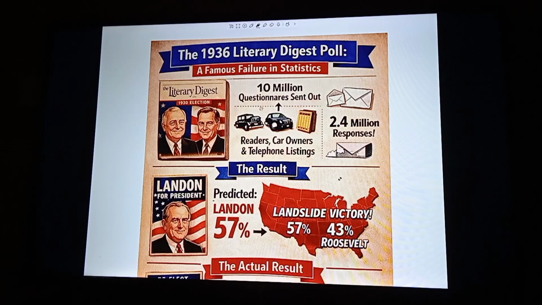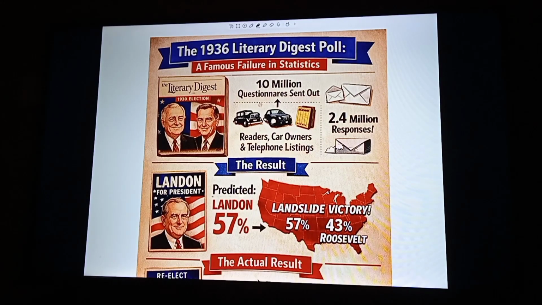Now, why was the prediction wrong? The prediction was wrong because their sample was not representative. They selected people from telephone directories, club memberships, magazine subscribers, and automobile registrations.